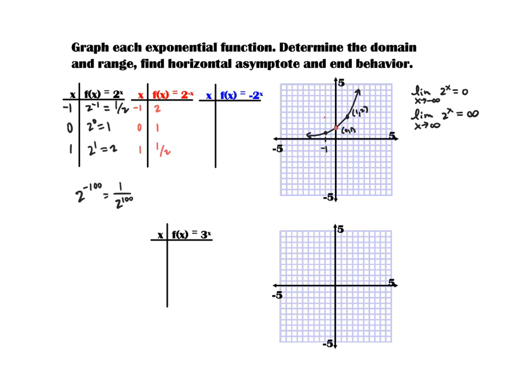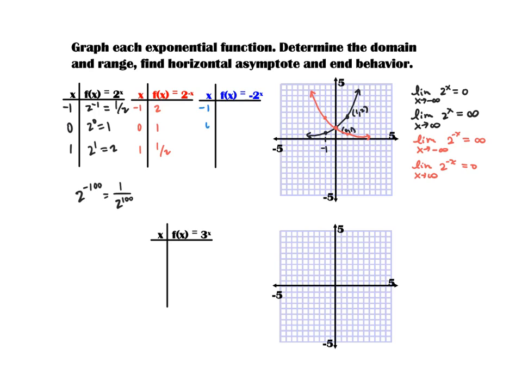So the graph should look like this. And you might be thinking, well, that looks like a horizontal reflection, and you're actually 100% correct. So the limit in this case, as x approaches -infinity of 2 to the -x, will equal infinity. And the limit on the right-hand side, as x approaches positive infinity of 2 to the -x, will go to 0.